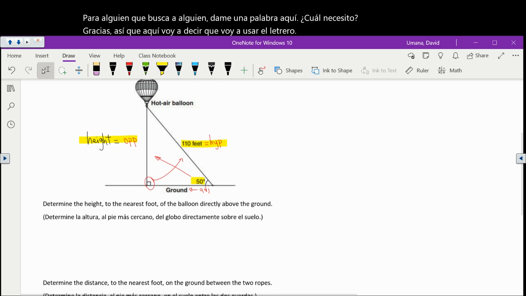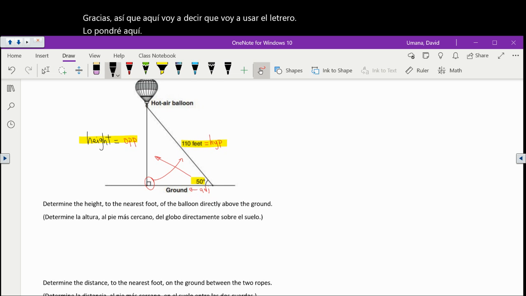So I'll put it here. And my space is kind of small, so I'm going to write it down as the sine of 50 degrees. And that is equal to opposite over hypotenuse.